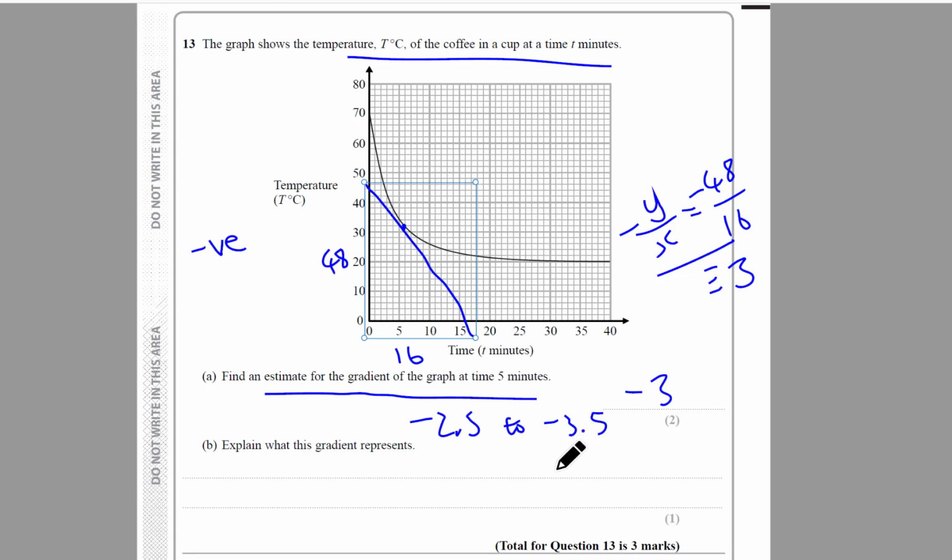What does the gradient represent? Well, it's the rate of change. So that's in minutes. So for every minute at that point, the temperature of the coffee is going down by 3 degrees. That's what you could write.